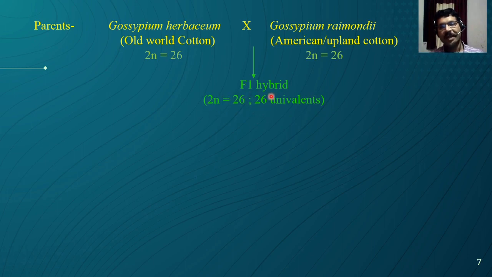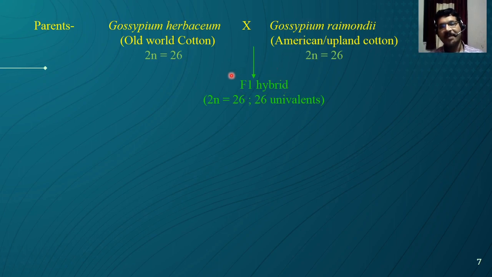All 26 chromosomes are unpaired, free from each other, so they are known as univalents, not bivalents. In the parents they were bivalents, but in F1 they are not paired. The chromosome number is very similar to both of the parents.